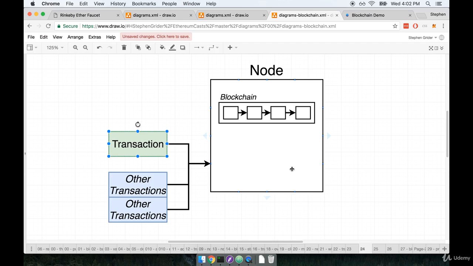So our transaction arrived at this node. But you have to keep in mind that you and I are not the only people in the world. There are other people who want to submit transactions as well. So maybe at the exact same time that you and I submitted a transaction, maybe two other people did as well. So maybe there's in total 3 transactions coming into this node at the exact same time.